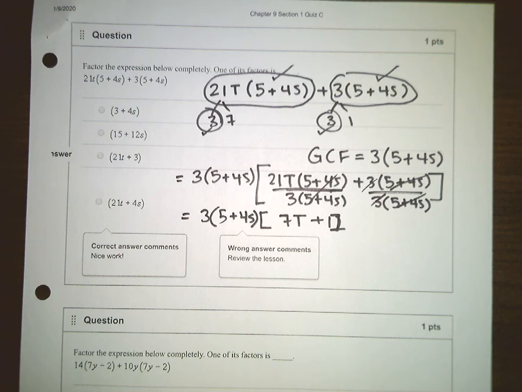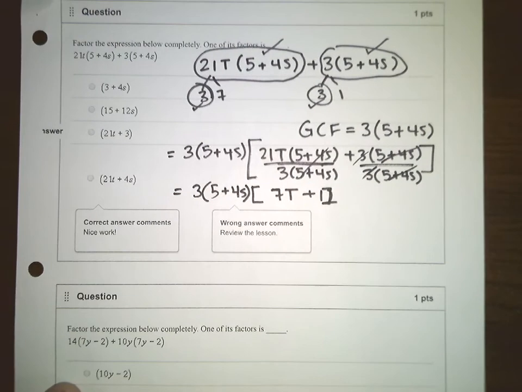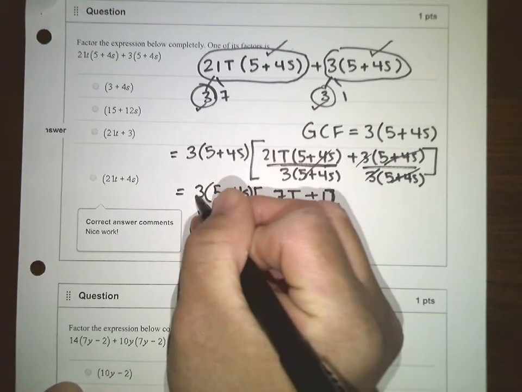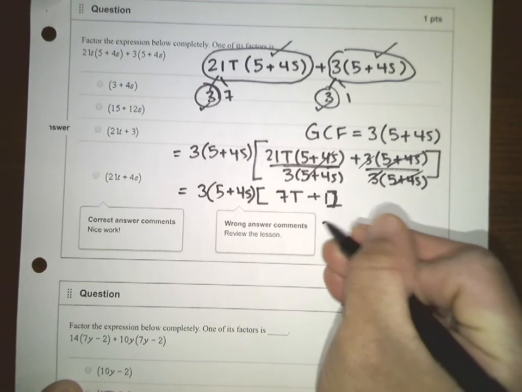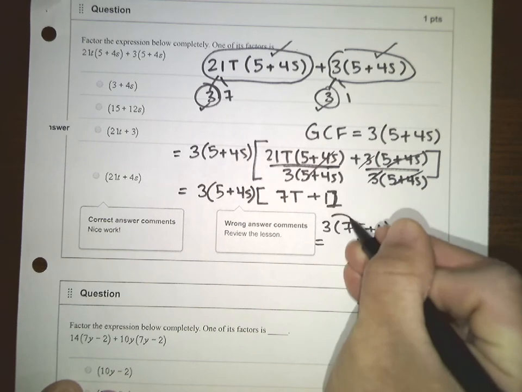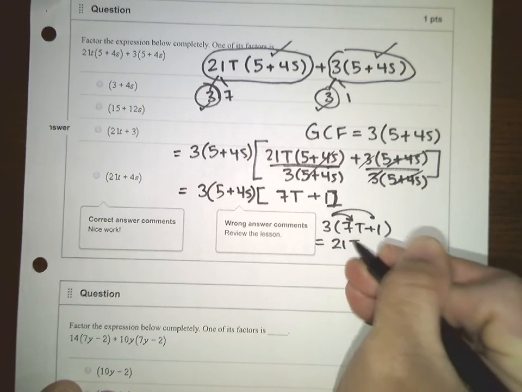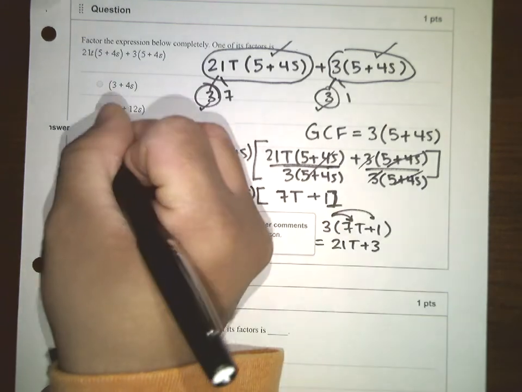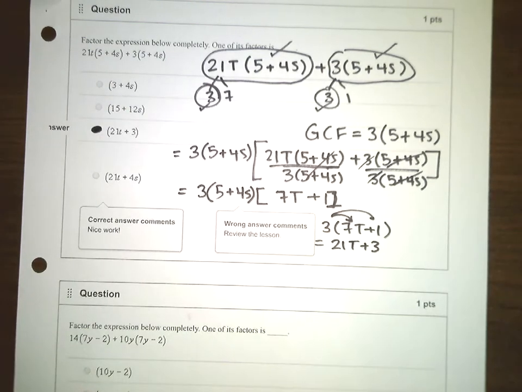Well, we don't see our answer there, but if you look at this though, if I multiply the 3 times the (7t plus 1), I do get 21t plus 3. So there is the answer.